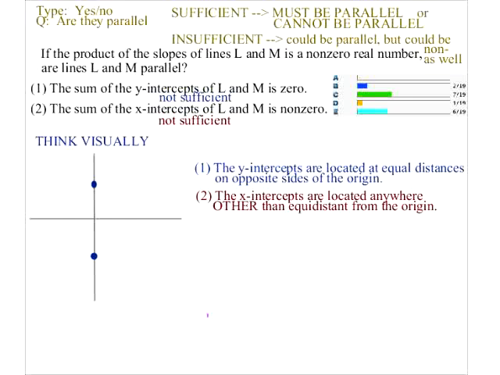What about together? Again, algebra, this is going to be a nightmare. Maybe not, though. I'll try algebra on the next slide if there's time. But imagine what parallel lines would look like if I draw parallel lines through the intercepts from number 1. Does anybody know what they're going to do?